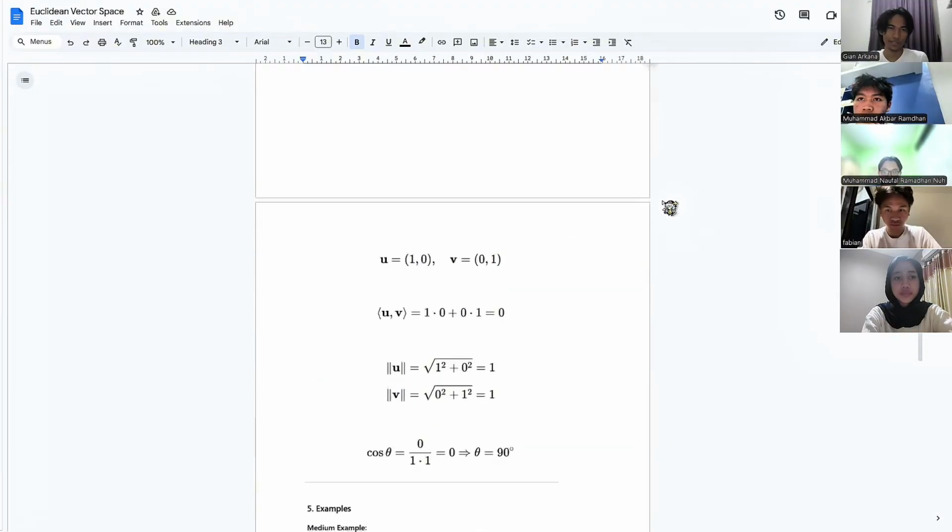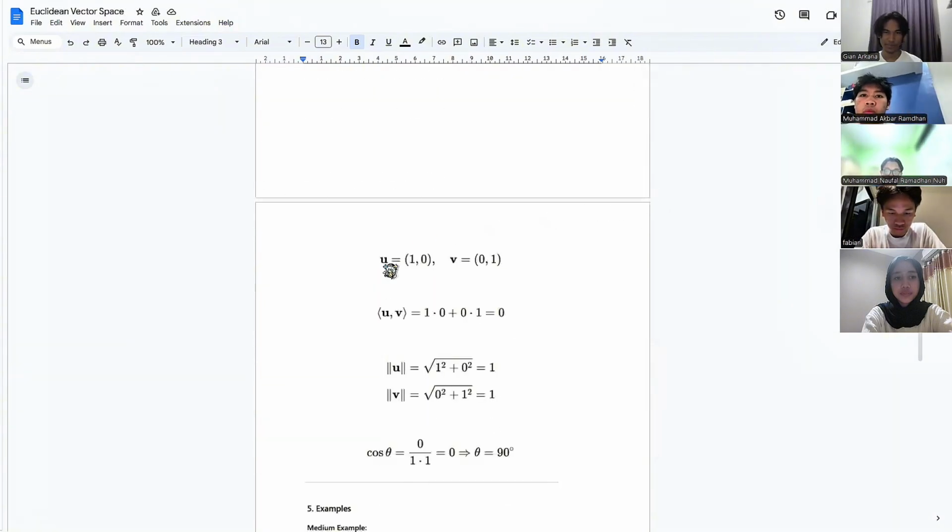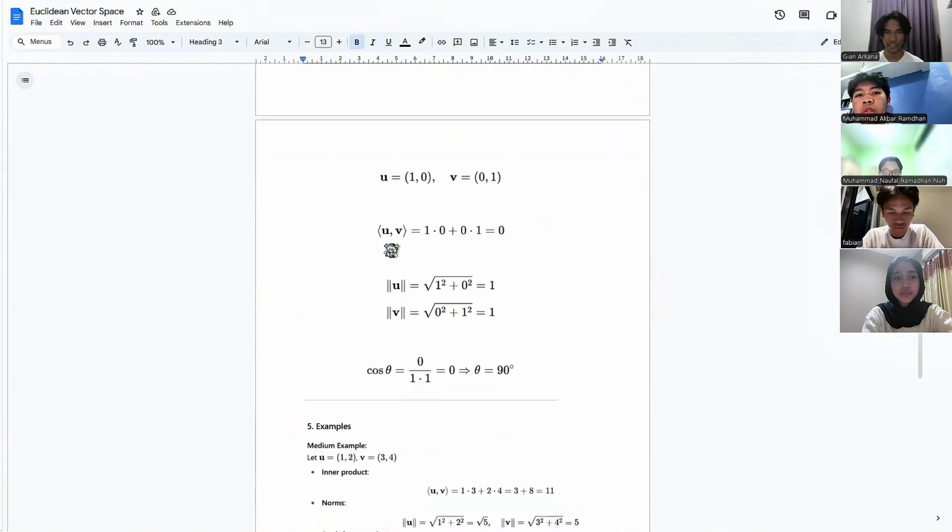Okay, so here we have an example problem of Euclidean vector space. We have first the vector named u, with the first member 1 and the second member 0, and vector v, with the first member 0 and the second member 1.